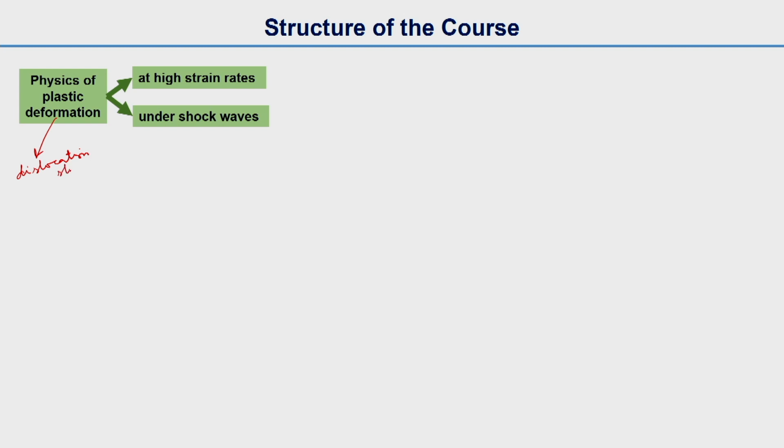So dislocation, slip and twinning. And then at high strain rate we will discuss material strain rate sensitivity that we already introduced in the previous lecture. Strain rate sensitivity.